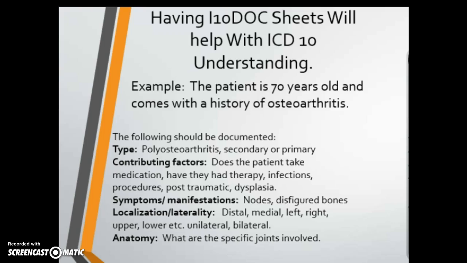Anatomy. What specific joint does the patient have osteoarthritis in? The knee, the elbow, the ankle. Please give us specifics as far as the joint. And those are the clinical factors that are needed for osteoarthritis. So in addition to your subjective, objective, assessment and plan, you'll want to include type, contributing factors, symptoms and manifestations, localization, laterality, and anatomy.